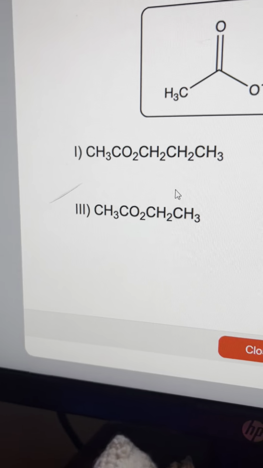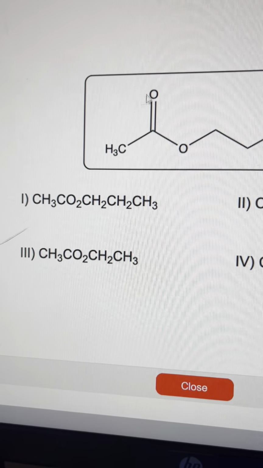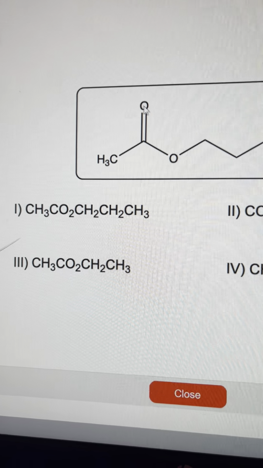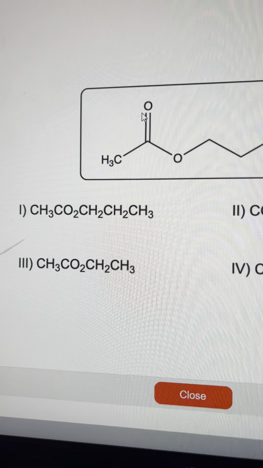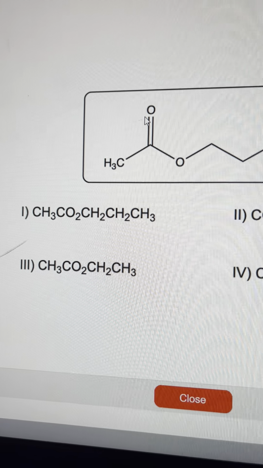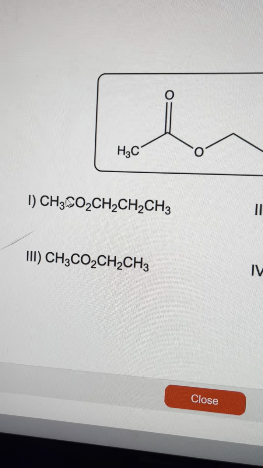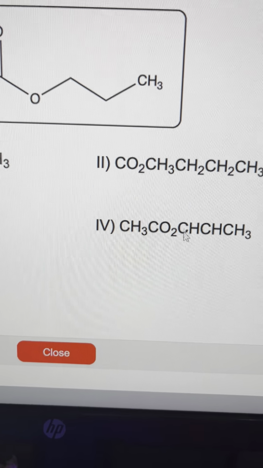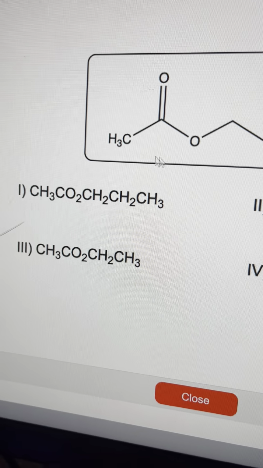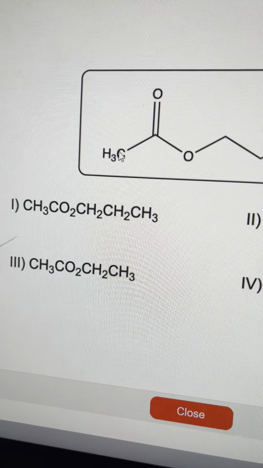And now we see that it is double bonded to this O, which tells us that there's going to be 2 O's here. We already know there's 2 O's here. So look at this one, there's 2 O's, 2 O's, 2 O's. But we know that this CH3 is first.